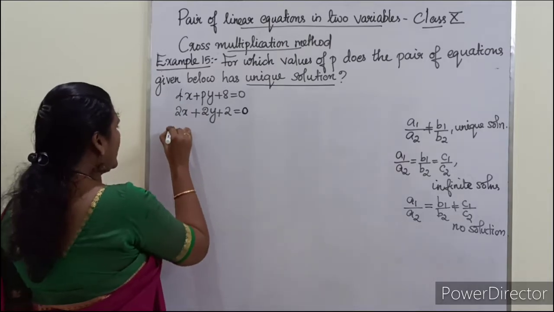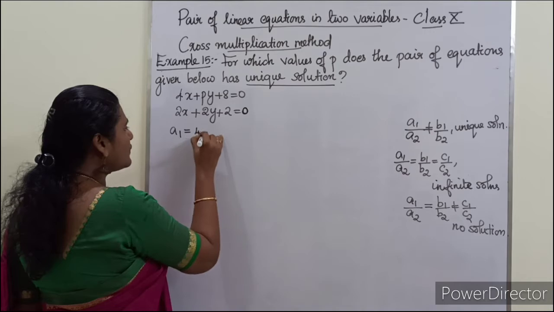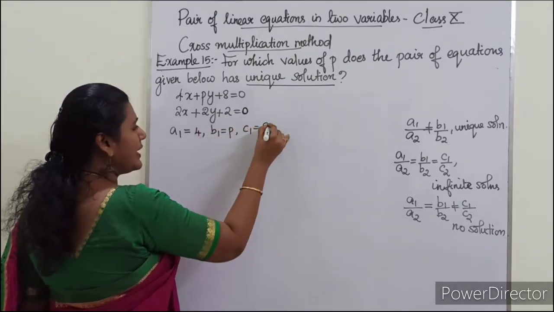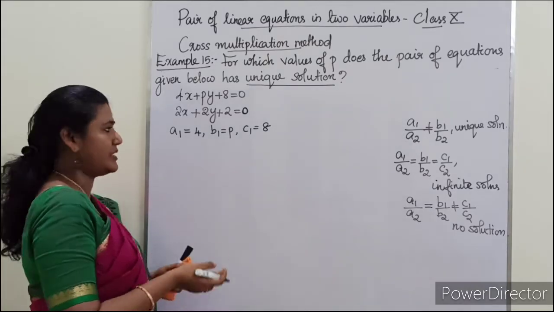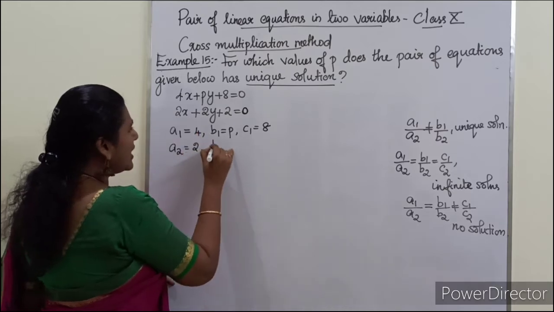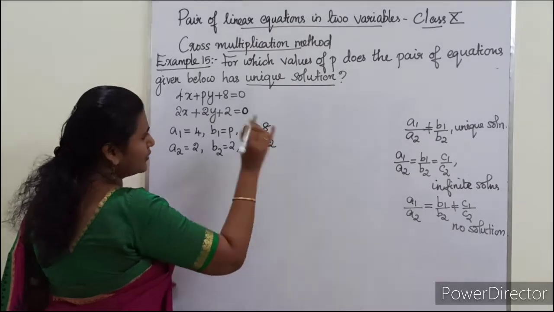Here a1, b1, c1 we will write. a1 is equal to 4, b1 is equal to p and c1 is equal to 8. So the a1, b1, c1 are the coefficients of the first equation, and a2 is equal to 2, b2 is equal to 2 and c2 is equal to 2.